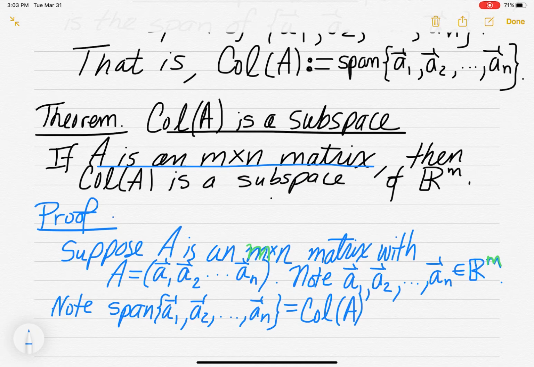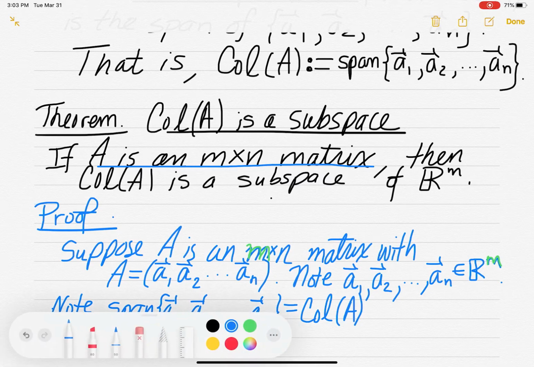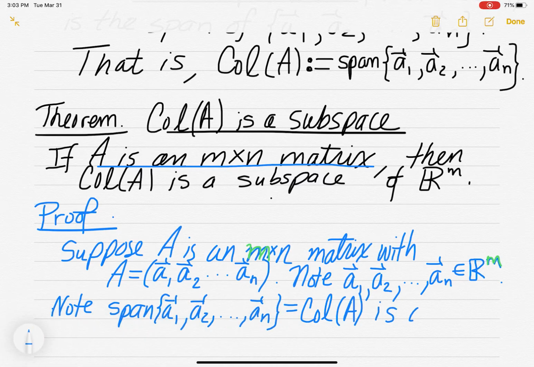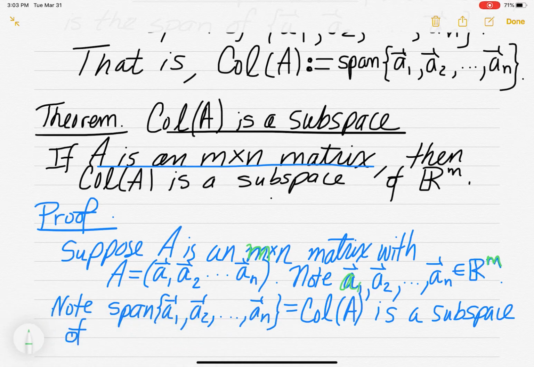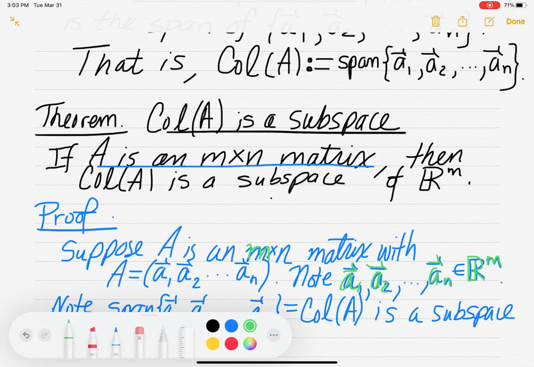But remember, we said that the span of a set of vectors is a subspace of the underlying vector space from which the vectors come. Where are the vectors coming from? They're coming from Rm. If you look at A1, A2, AN, they're coming from Rm. So that means the column space of A is a subspace of Rm. That's it. That's the proof, right?